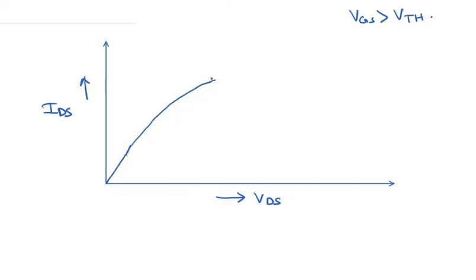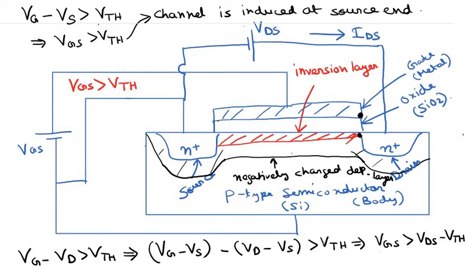Now, until this condition is valid, there is some inversion layer, or some channel, which exists at the drain end.